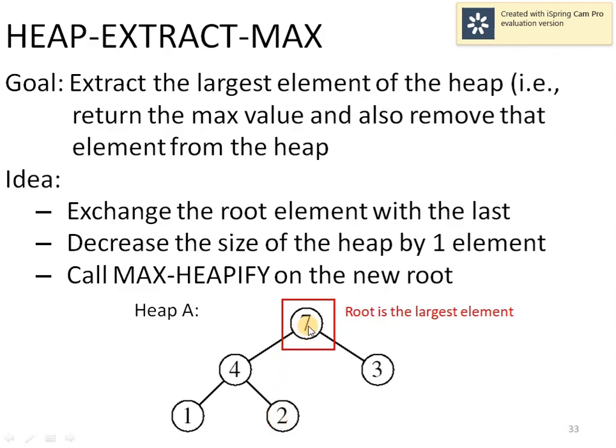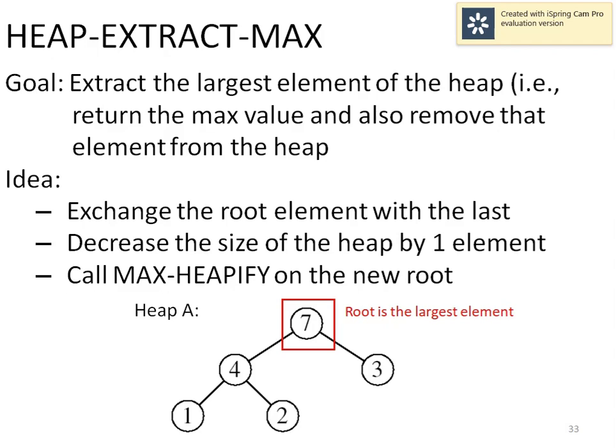Then we have to call max heapify at the root, whose new value is 2. Max heapify will compare 2, 4 and 3, exchange 4 and 2, and then 2 comes to this position. Max heapify will be called again because there was an exchange, then 2 and 1 will be compared, and then we stop as max heapify will not be called again.